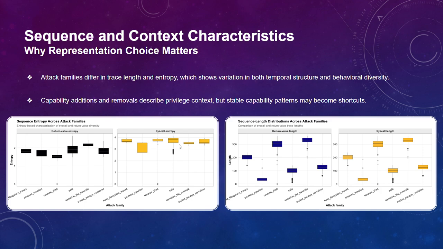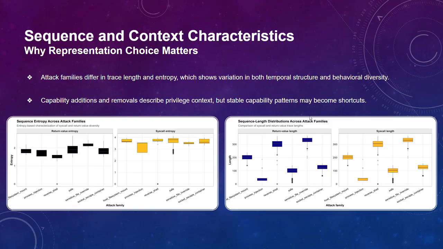In the system call, they are mostly showing high entropies, whereas classes such as sensitive file override and host file system modes tend to have a smaller range in terms of entropy.